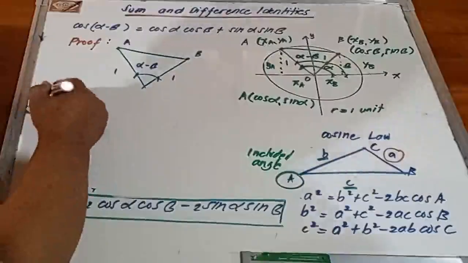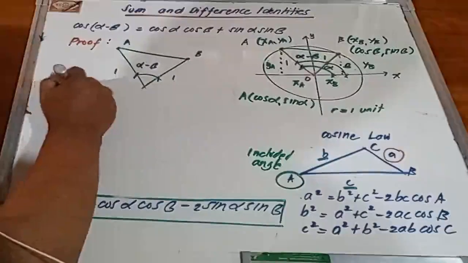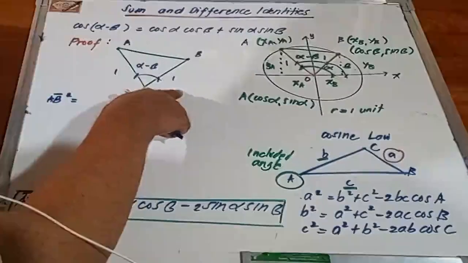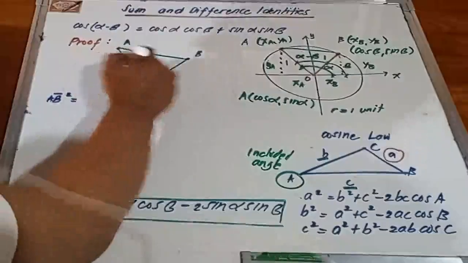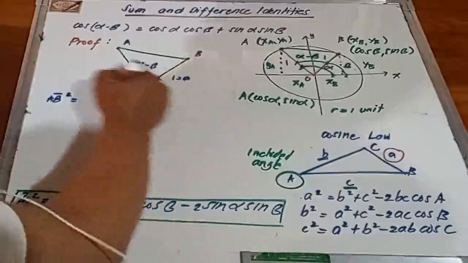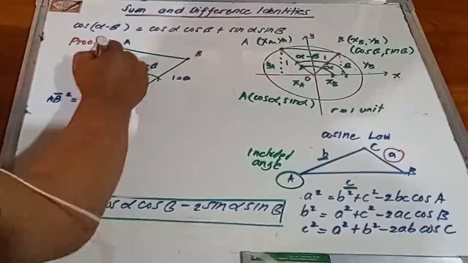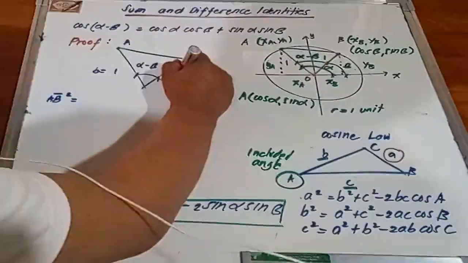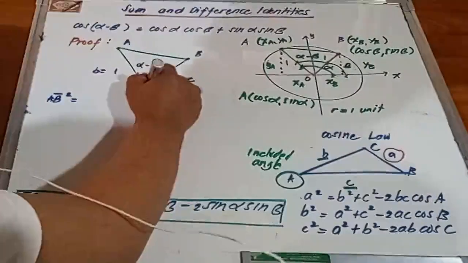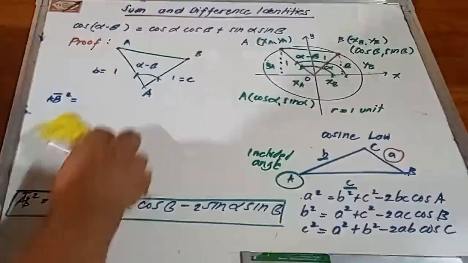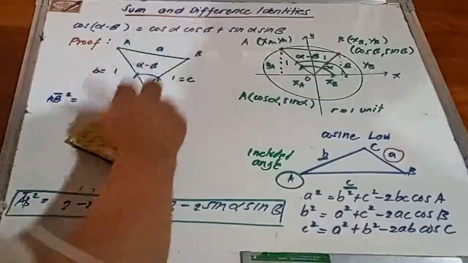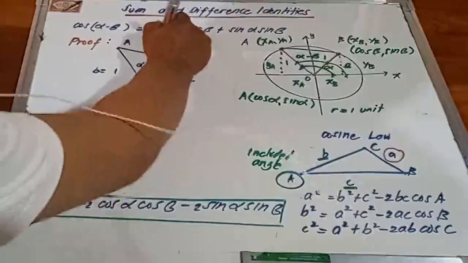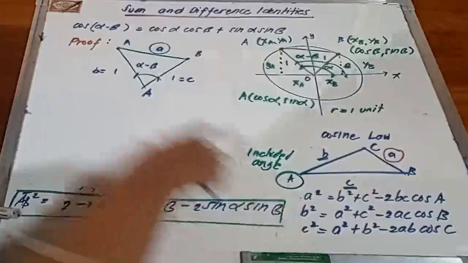So, we have AB squared, itong dalawang given, equal to, sabihin natin ay A. Sabihin natin to ay B. Sabihin natin to ay C. Ito yung angle A natin. Ito yung hinanap natin, side A. Para lang hindi malito. So, ito nga hanapin natin. Yun yung A natin. AB yun.